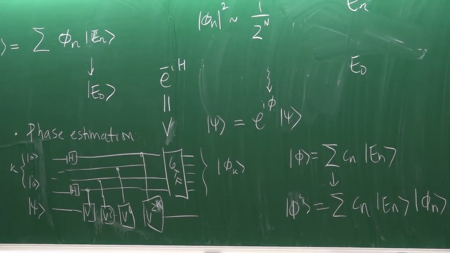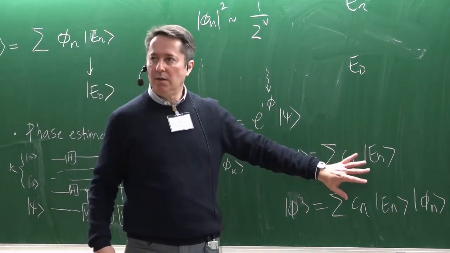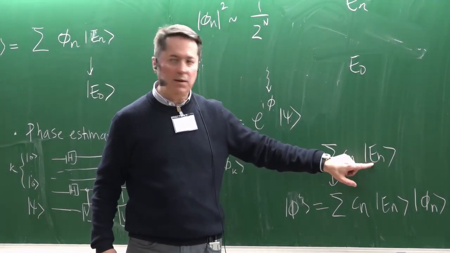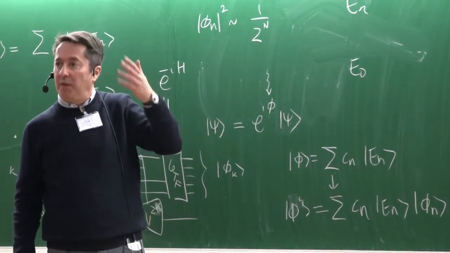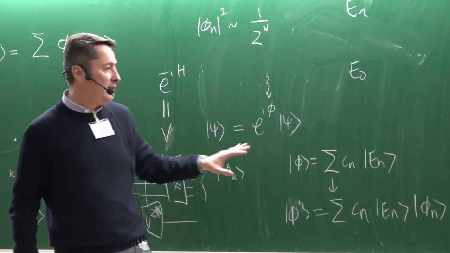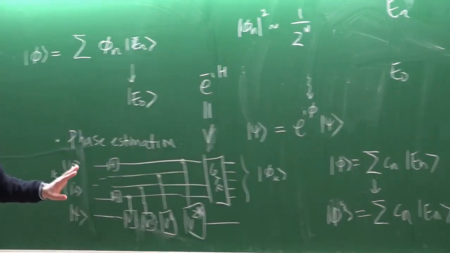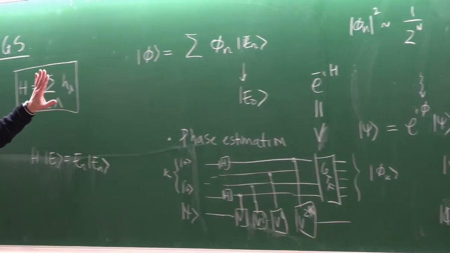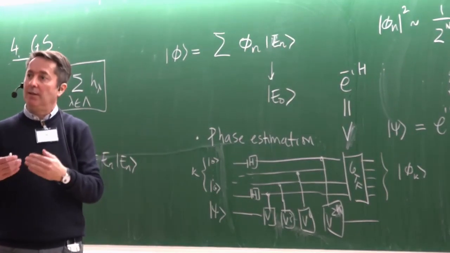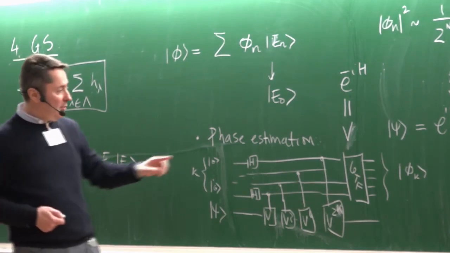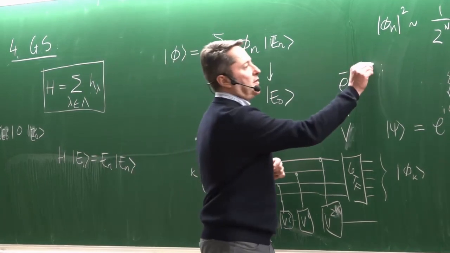Now you can improve it a little bit, because when you want to measure this E_n, instead of repeating, since you're interested in getting E_0, you can do amplitude amplification, and this will accelerate it a little bit, so you get a better exponent, but it will still be exponential. Okay, so with the standard tools, one would be able to run this algorithm, and notice that the only thing required here is to be able to do controlled e to the minus i H t, with some constant t.